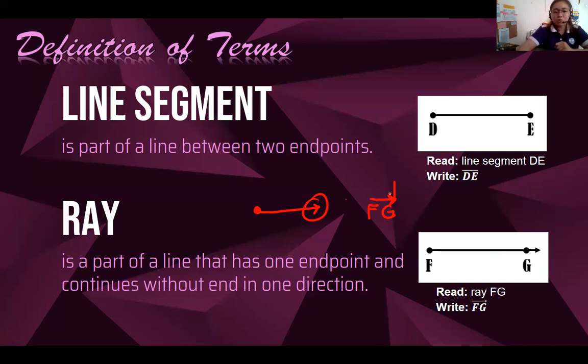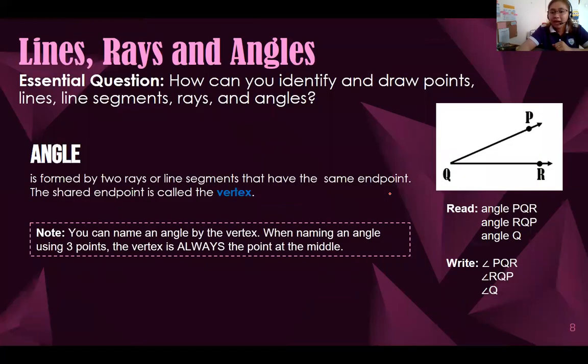Now, apart from this one, knowing what a ray is is very important when we try to learn about angles. Because an angle is actually a combination of two rays sharing one common endpoint. This shared endpoint is what we call a vertex.